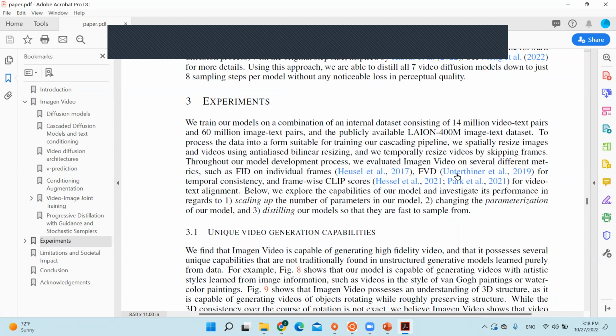Things like FVD are not just comparing whether frames are similar or not. And the other things they do are frame-wise FID and CLIP scores.